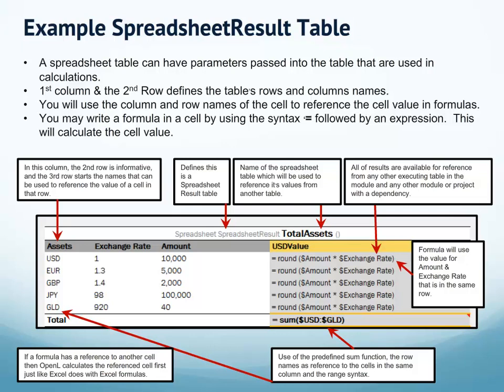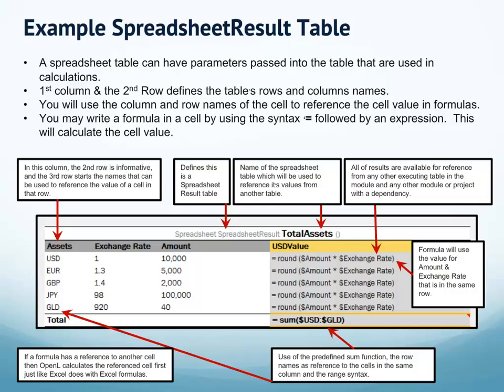But you'll see that in the parentheses are the parameters that are going to be calculated, where you see the $amount and the $exchange rate. OpenL knows to look in that row for a column and a cell underneath it in its own row that's for amount and for exchange rate.